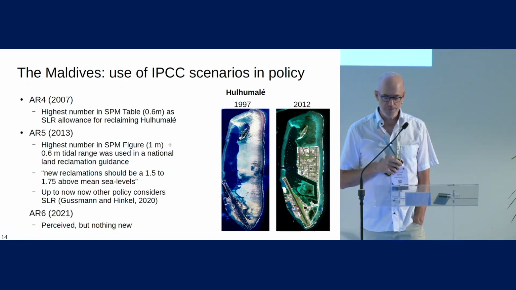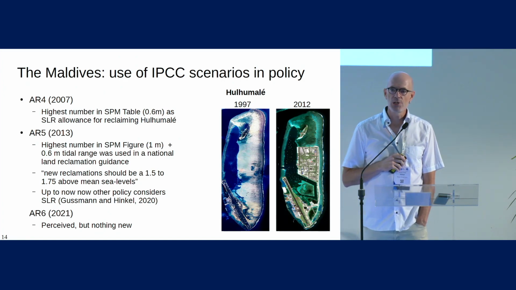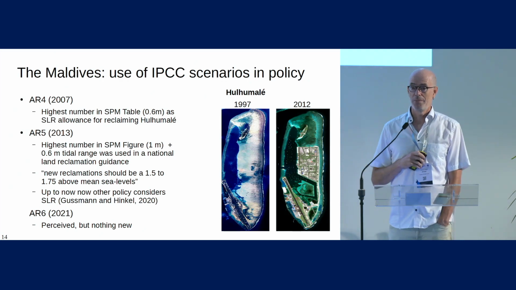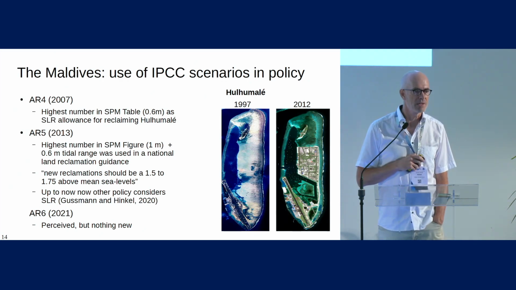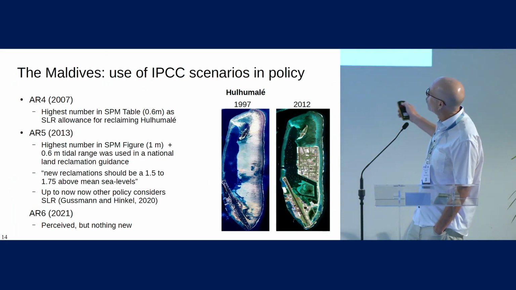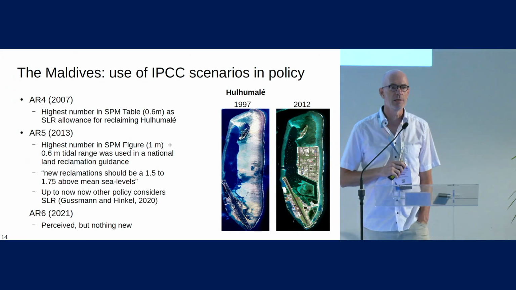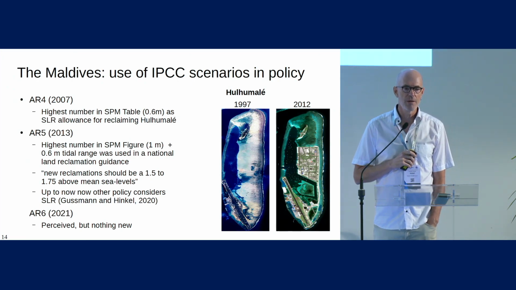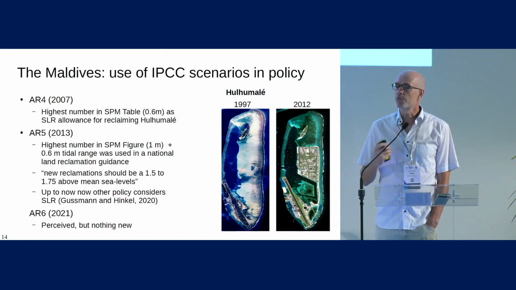So the RR4 stuff actually influenced the Maldives. There was land reclaimed, a massive piece of land, the island of Hulhumale, which is the island neighboring the capital island of Male in the Maldives, and there is a great need for space.